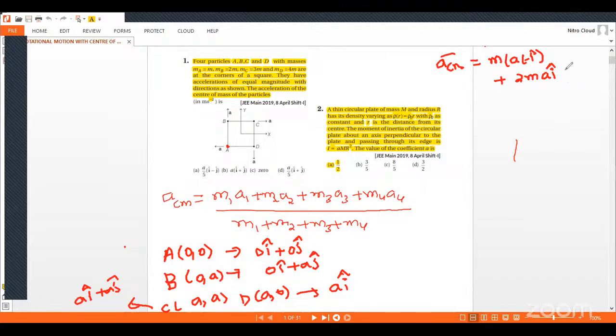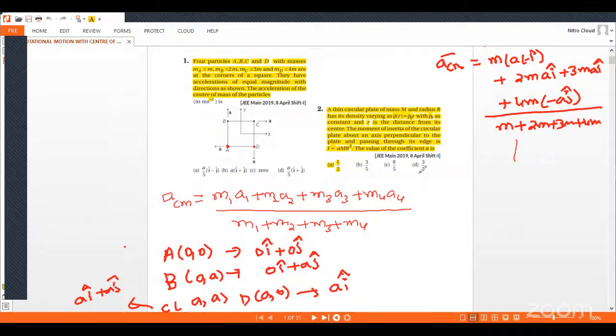Third particle mass is 3M, so it is A i cap. Fourth particle is 4M, moving downwards, so minus A j cap, divided by total mass M plus 2M plus 3M plus 4M.